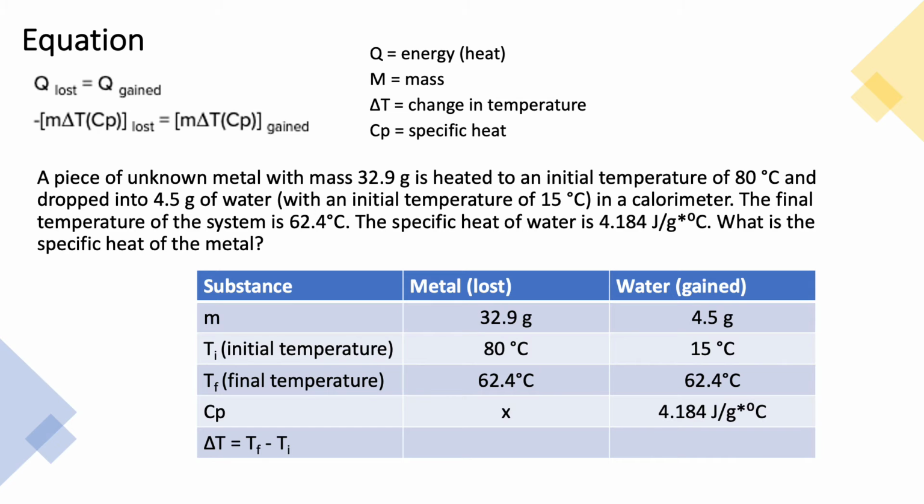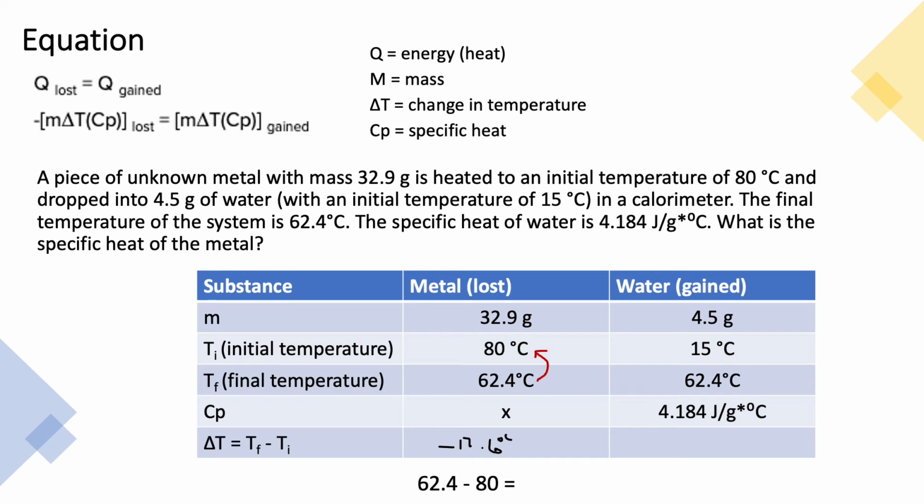So for each one of these, we're just going to be taking our final and subtracting our initial temperature. So we have 62.4 minus 80. Keep in mind, because the 80 is bigger, we're going to have a negative value here. So we have negative 17.6. Again, that's degrees Celsius.